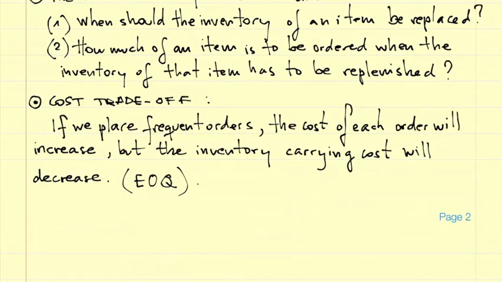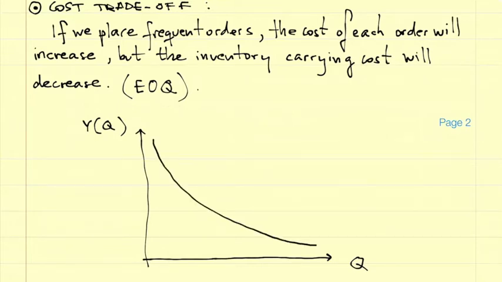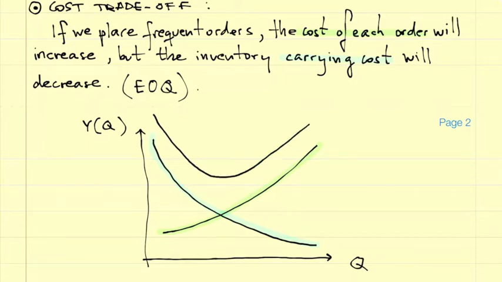Okay, this is just saying that if this is the quantity that we order and this is the cost function, we have here the carrying cost function, and we have also the cost of placing an order, the cost of each order, and the total cost will be just the sum of it.